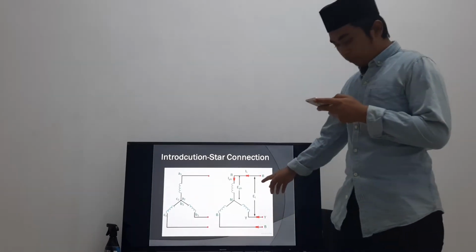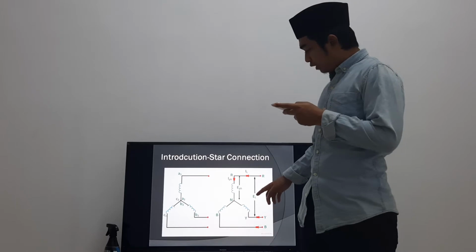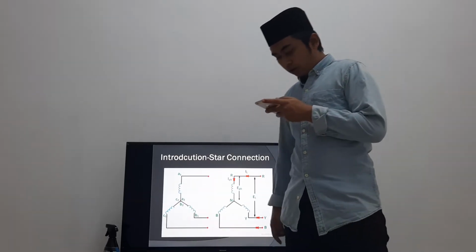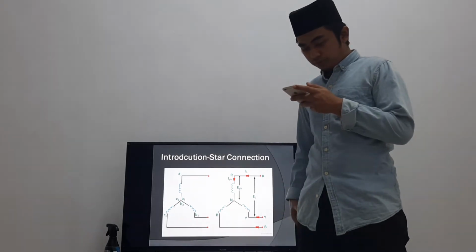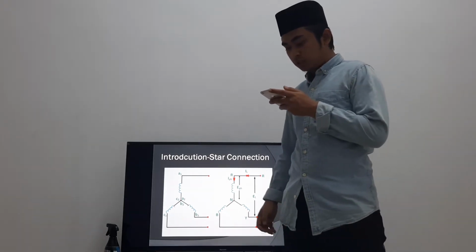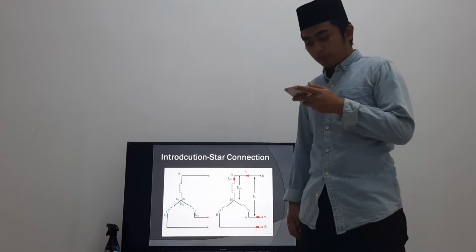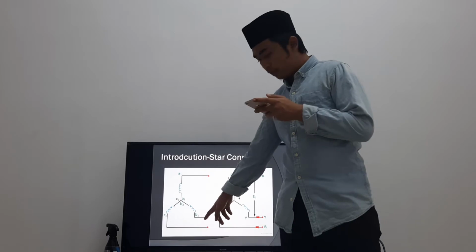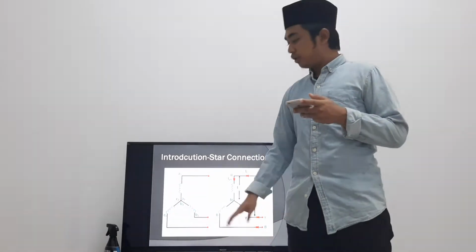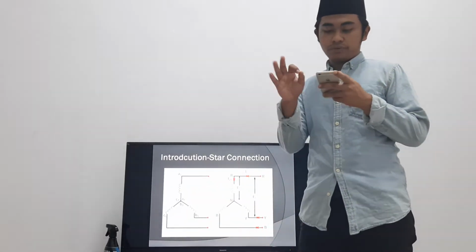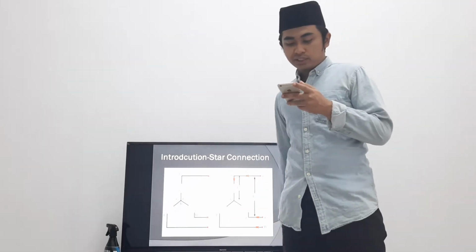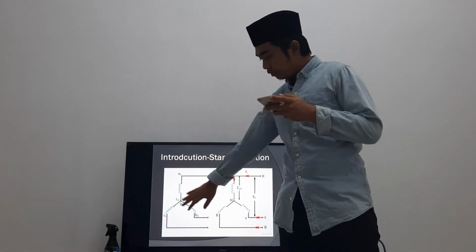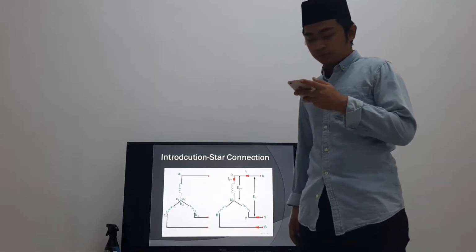Considering the above figure, the finish terminals A, B, and C of the three windings are connected to form a star or neutral point. The three conductors are named R, Y, and B, which means red, yellow, and blue for the three phases. They run from the remaining three free terminals as shown in the figure.